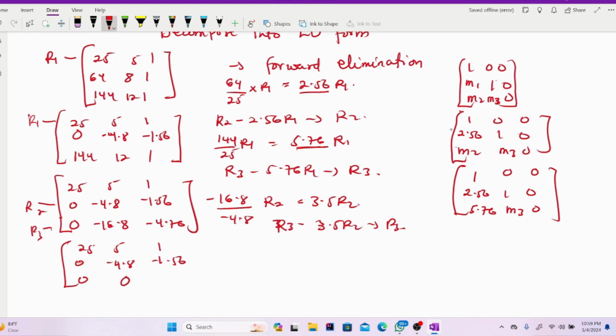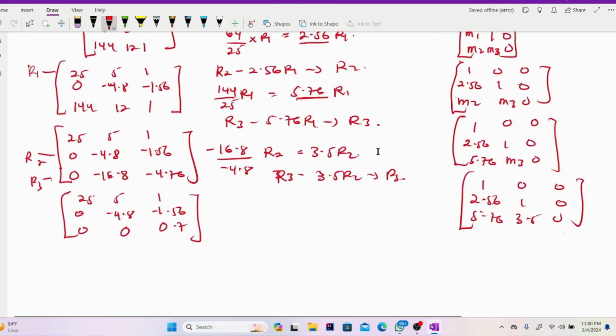Then the last one is negative 4.76 minus 3.5 times negative 1.56. That is giving me 0.7. Whilst my multiplier matrix becomes 1, 2.56, 5.76, here is 0, 0, 1, 0, M3 is 3.50. That's it.